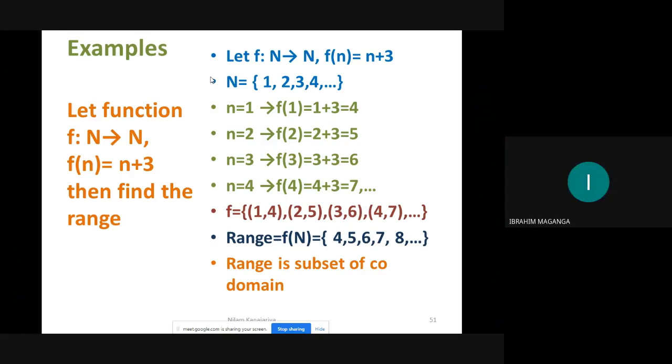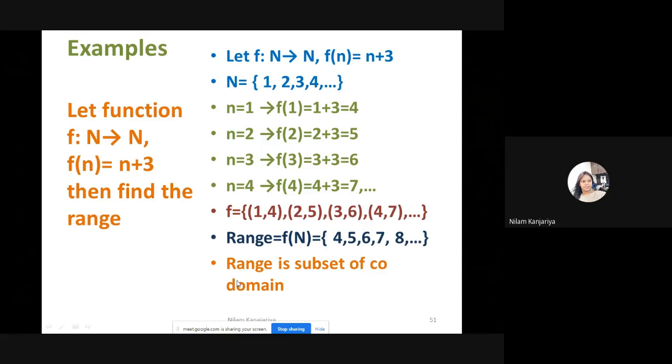The function is n plus 3. We take x, the first element is 1, and putting it in the function we get 1 and 4, 2 and 5, making the ordered pairs, and that's the value of range.